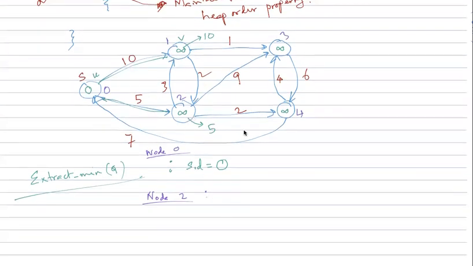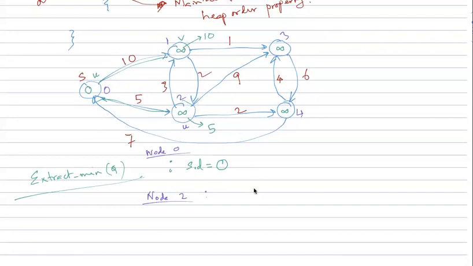Now this becomes our U and we are trying to see what other edges are connected, right? We have the connectivity going to node number 3, node number 4, and node number 1.